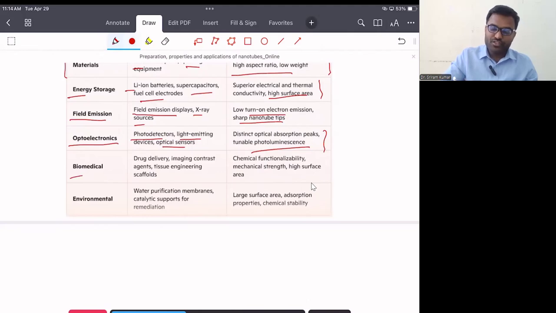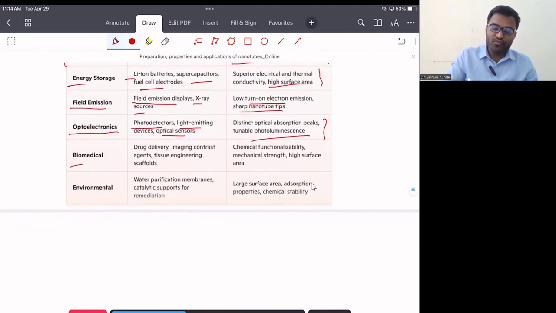In biomedical applications, for example, we can use CNT in drug delivery, imaging contrast, and tissue engineering scaffolds. Here we use the chemical functionalization, mechanical properties, and surface properties of CNT. And lastly, we have environmental applications.